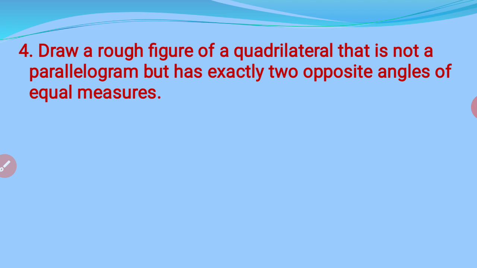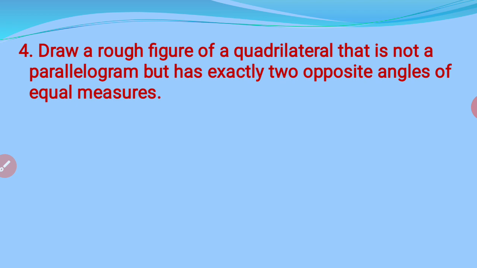Next, we are told to draw a rough figure of a quadrilateral that is not a parallelogram but has exactly two opposite angles of equal measure. So, a figure which should not be a parallelogram, but there should be two opposite angles which have equal measure.